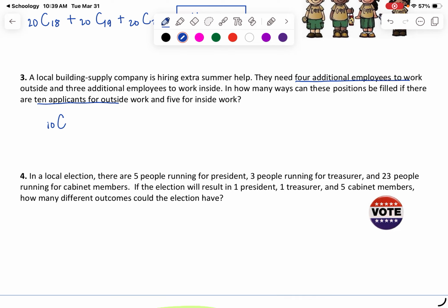So the order doesn't matter how they're choosing these. And they have 5 different applicants to work inside, and they are choosing 3. Pop that into my calculator, and you got 2,100 different ways that they can choose these applicants.